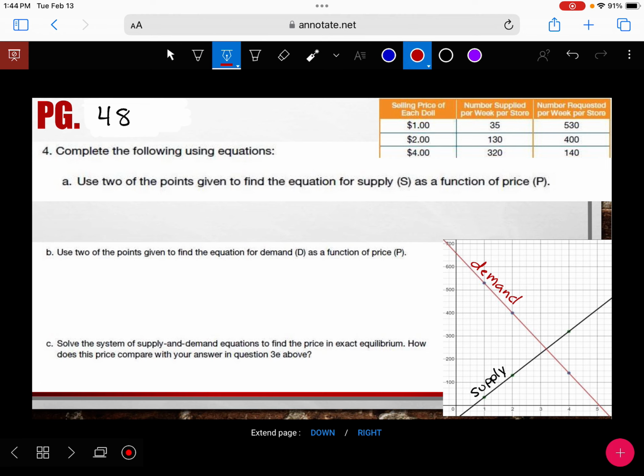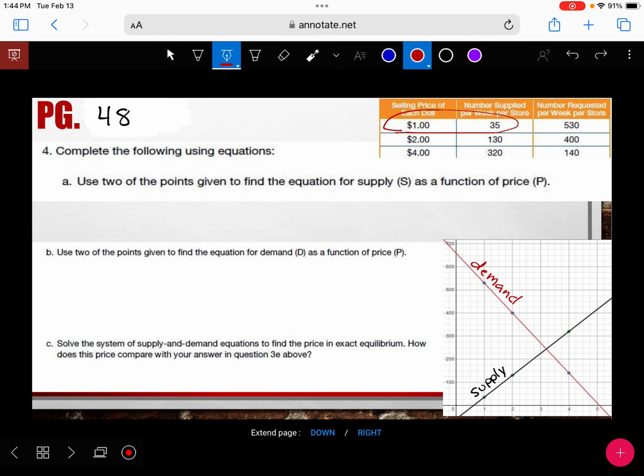We're going to use two of our points from our data, not randos we pick off our graph. And it genuinely does not matter which points you choose. If you want to pick the top one and the bottom one, the top two, the bottom two, it really doesn't matter. We just need 2 points.